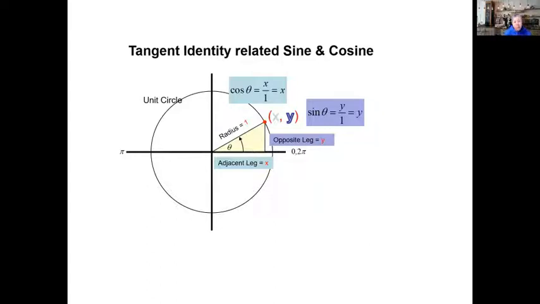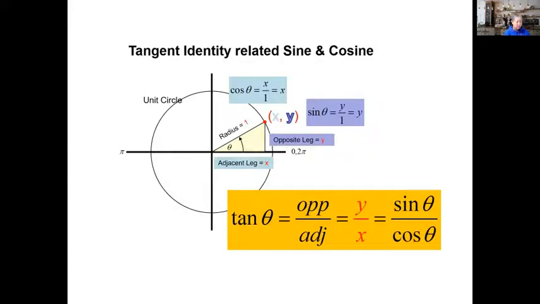Then when we think about the tangent, we can conclude this. As you know, the tangent ratio is the opposite leg of the right triangle over the adjacent. So the opposite leg is the y value, and the adjacent leg is the x value.